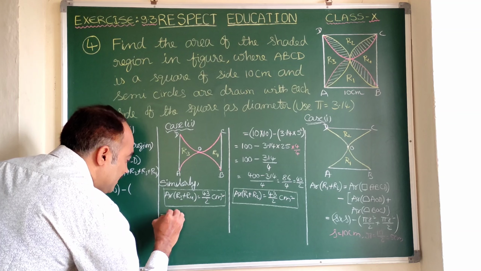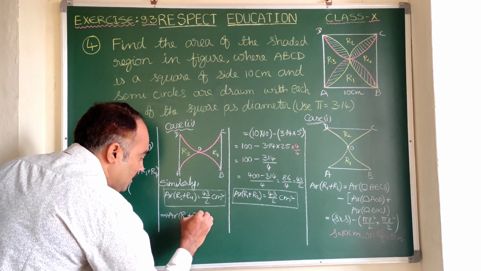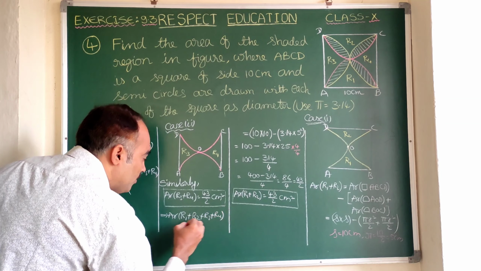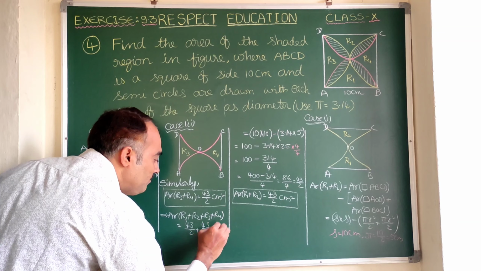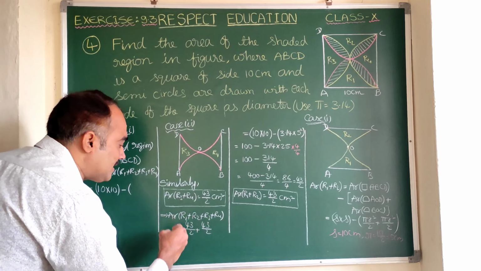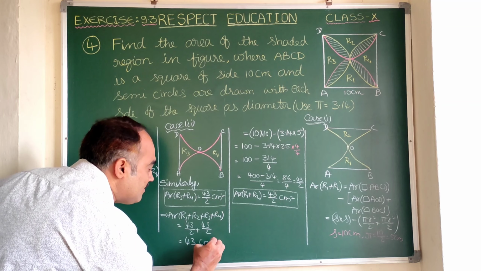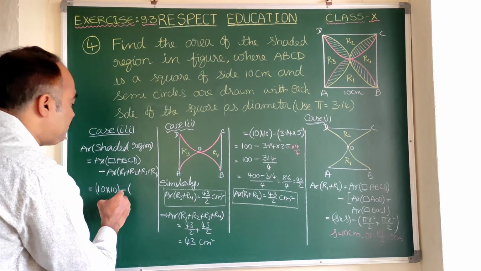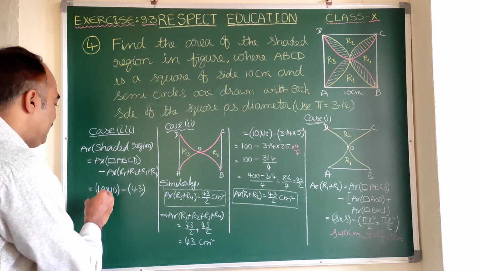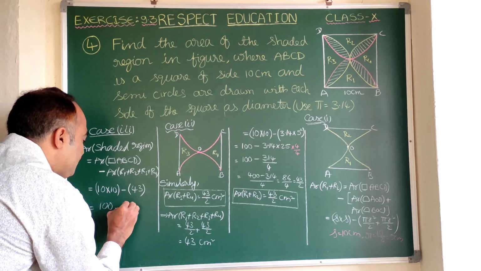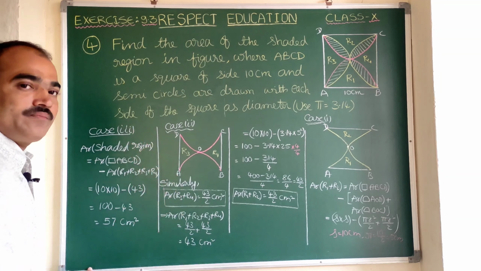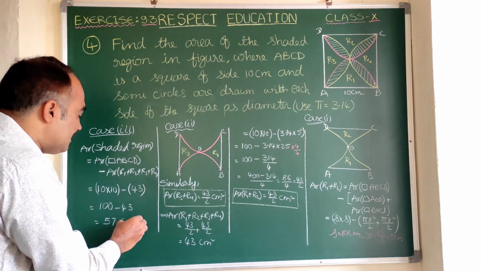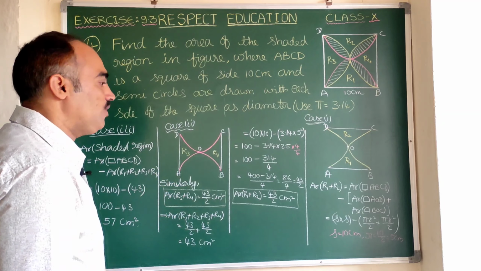So area of R1 plus R2 plus R3 plus R4 is equal to 43 by 2 plus 43 by 2. So 2 times 43 by 2, 2 gets cancelled, so here we get 43 centimeter square. This value can be substituted here. Now 10 tens are 100 minus 43, on subtracting we get 57 centimeter square. Therefore, the area of the shaded region is 57 centimeter square. With this, problem 4 gets completed.